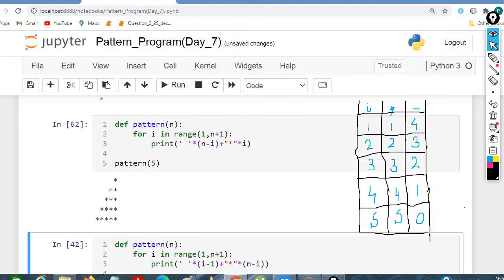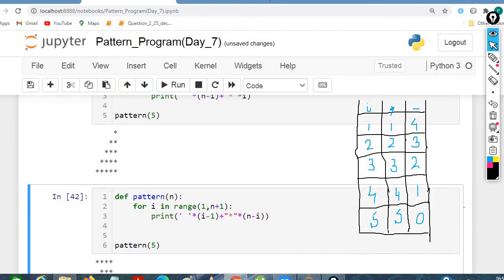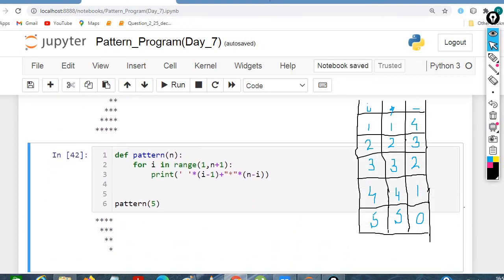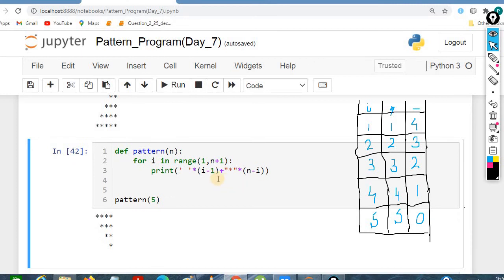The same way we are going to do the inverted star as well. In this we know that we have to replace the logic of star with space, and space with star. So we will see this as well.